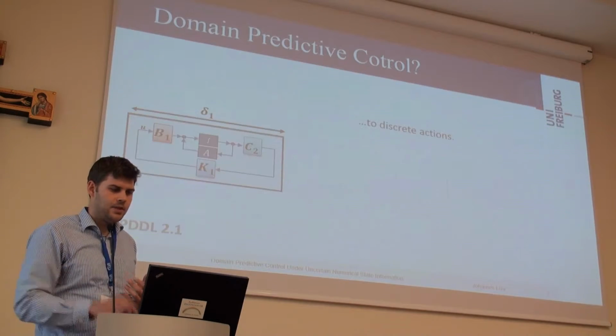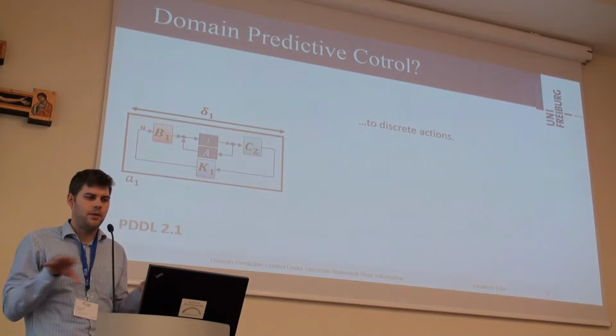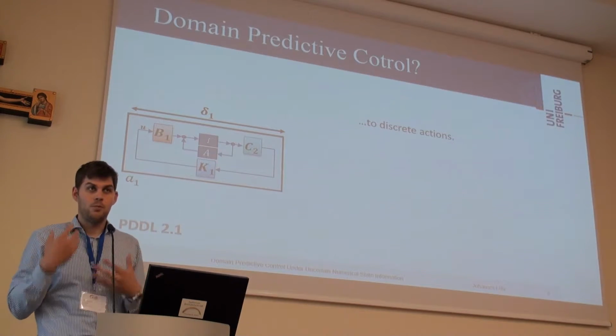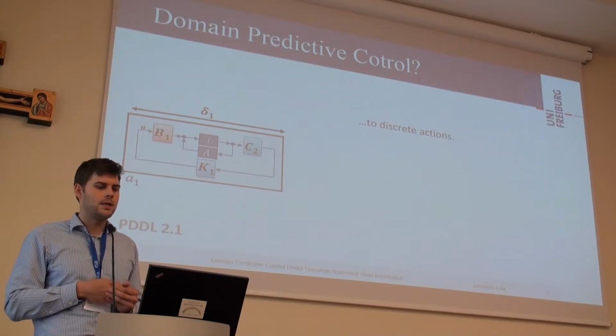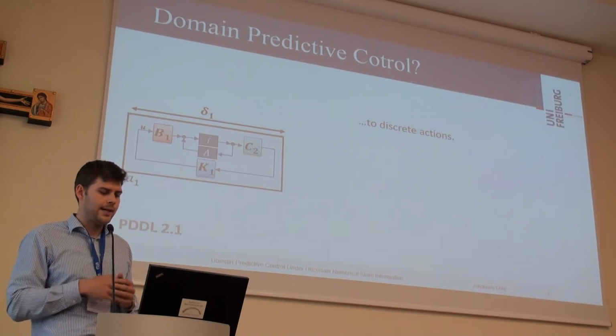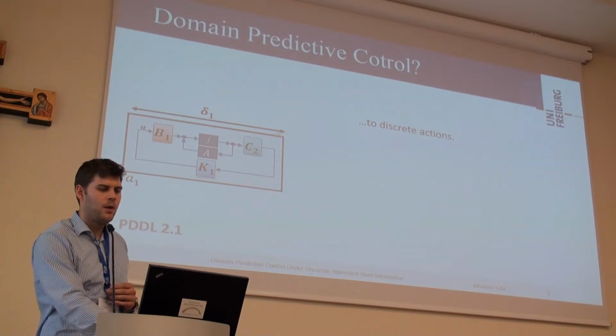So this is basically a switch system, and we discretize this system, or each mode of the system, to a discretized action of the duration delta I. And this is something we can model in PDDL 2.1.